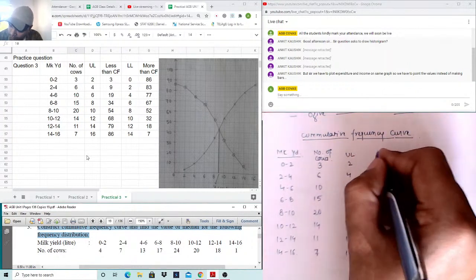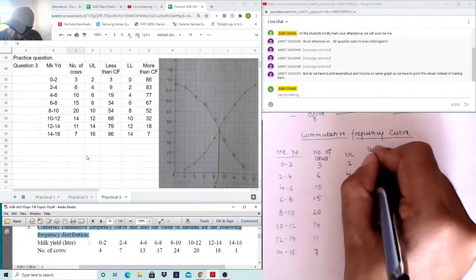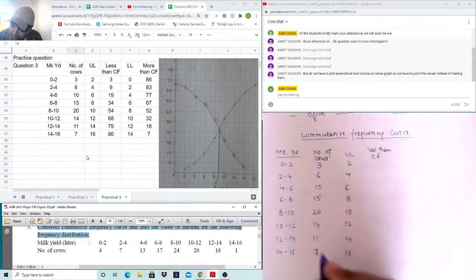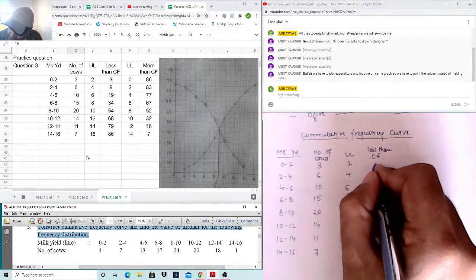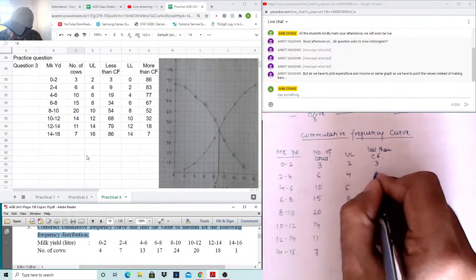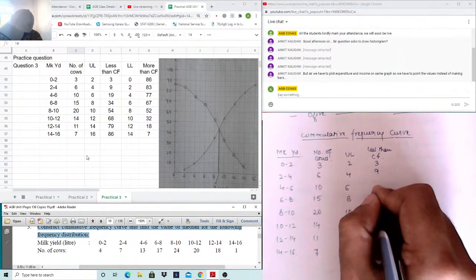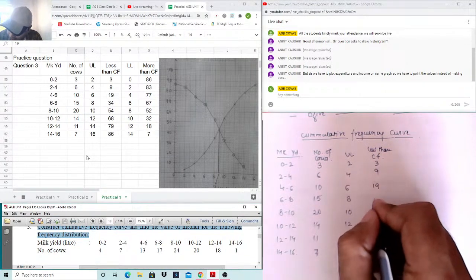So the less than cumulative frequency will be 3, then 3 plus 6 is 9. Then plus 10 is 19, then 30.